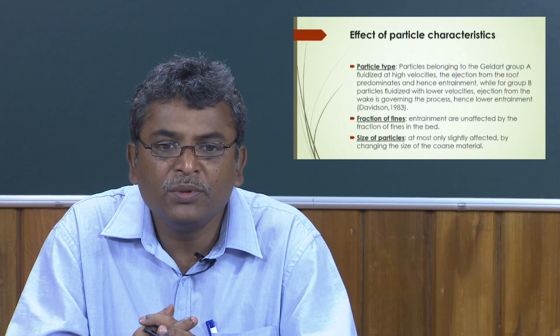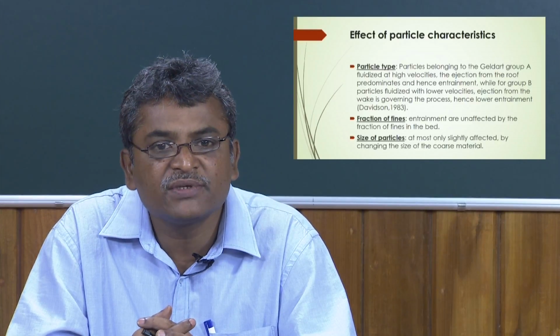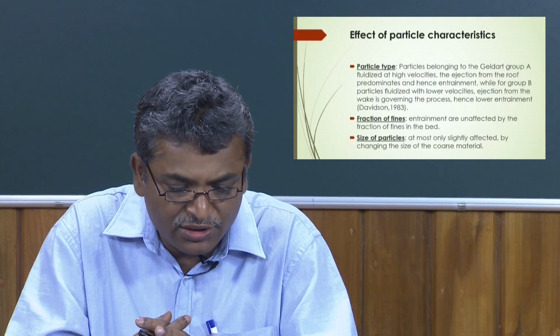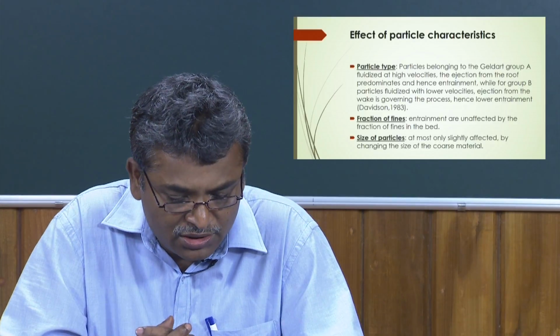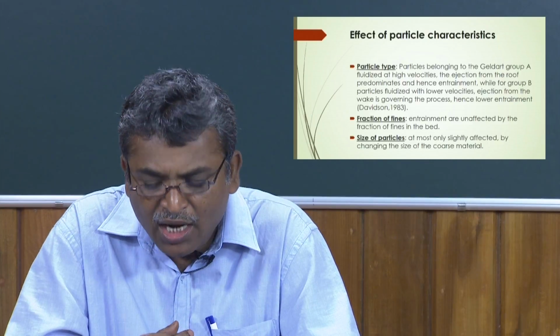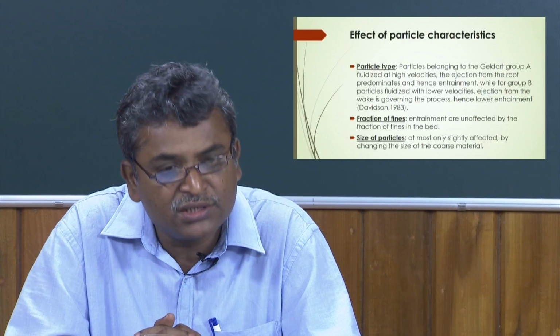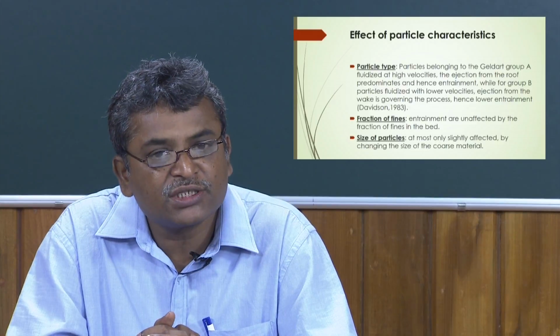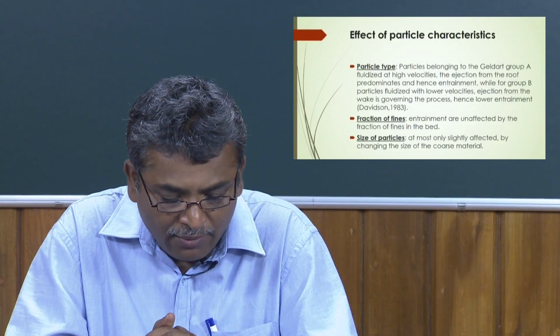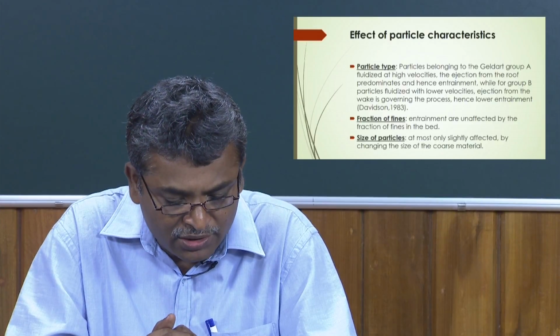Because of that, the settling velocity and the interactions change, so there will be some change of entrainment rate inside the bed. The fraction of fines entrained is unaffected by the fraction of fines in the bed, so it does not have any effect on the entrainment rate.